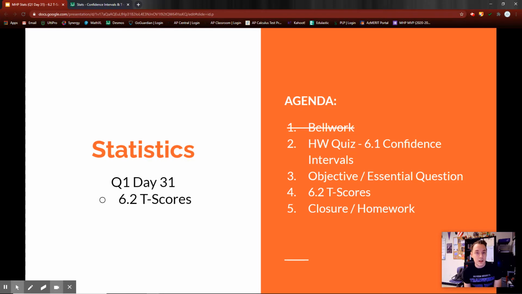What if your population standard deviation is not known? If that's the case, then what we're going to be doing is learning t-scores instead of confidence intervals with a z-score. So t-scores, let's just be clear, it is a confidence level. It is a confidence interval.